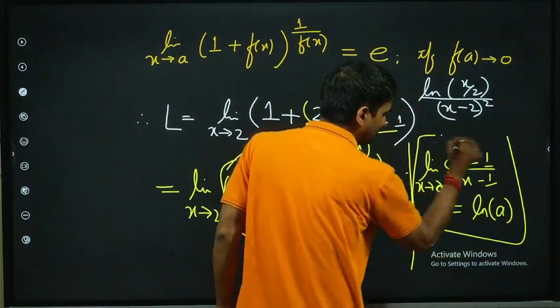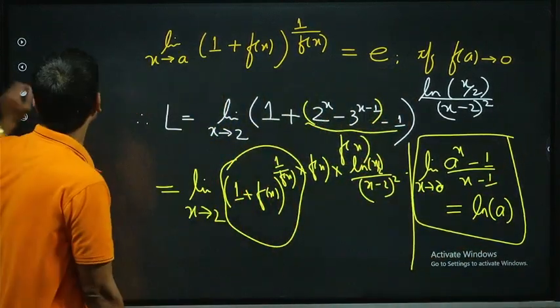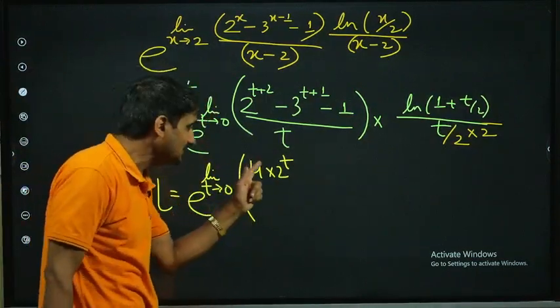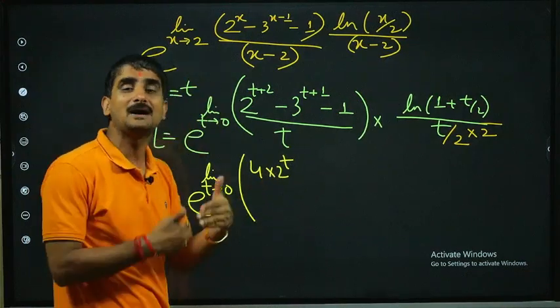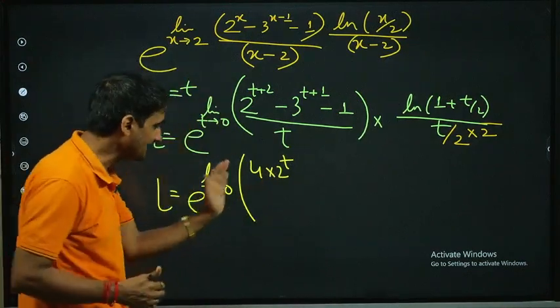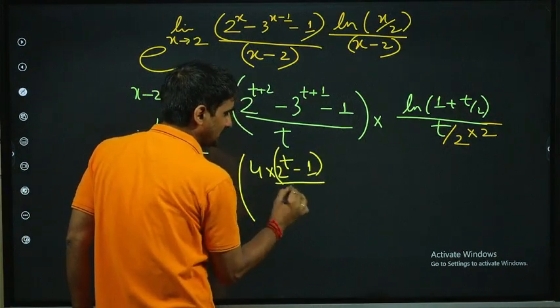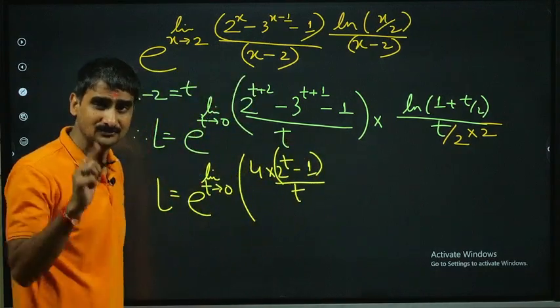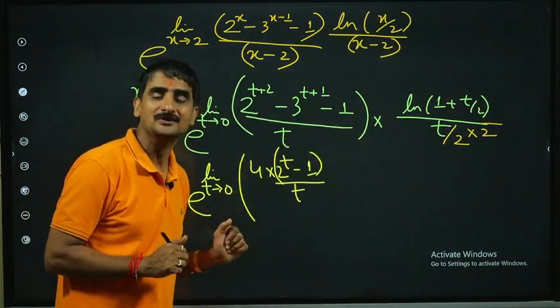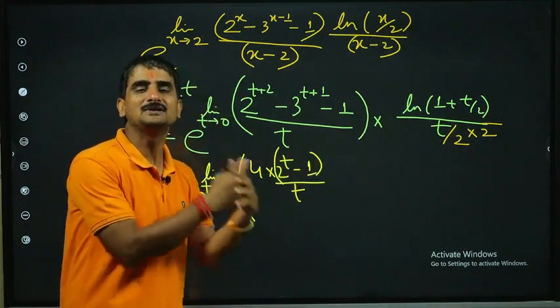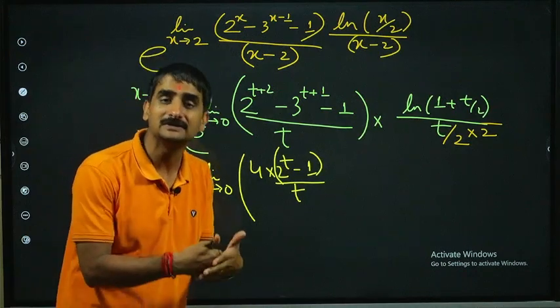I believe all of you must be knowing it. So I am moving towards that direction only. I need 2^t minus 1. But I have 4 common, so I will take 4 out of it, minus 1, and write t here. So that means I had minus 4. I had minus 1, I need minus 4, so I need to add plus 3 also.